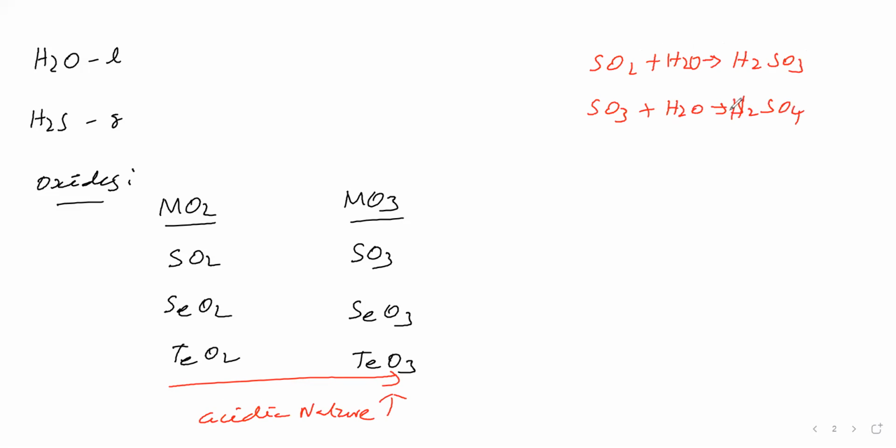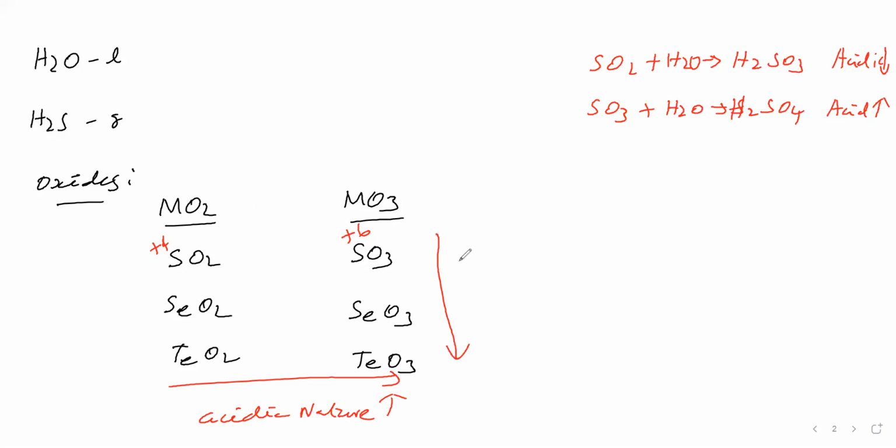Here acidic strength is less, and here acidic strength is more. Therefore, SO3 has more acidic nature when compared to SO2. What is the reason? Here sulfur has a +4 oxidation number, and here sulfur has a +6 oxidation number. If we go like this, oxidation number increases, therefore acidic nature increases.